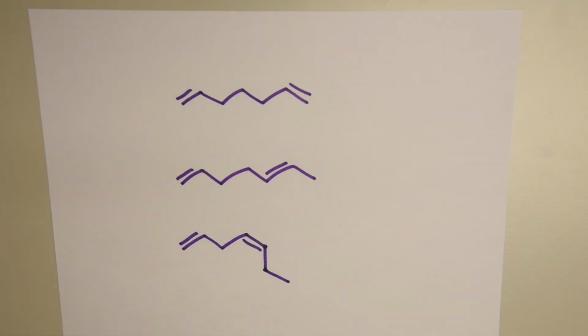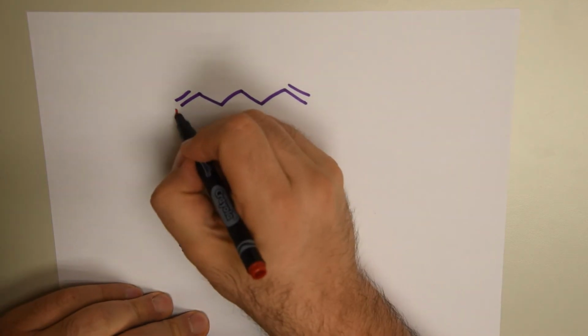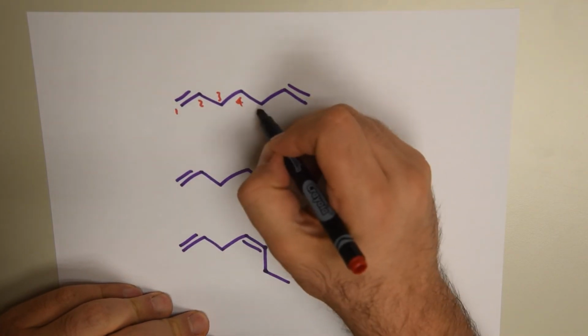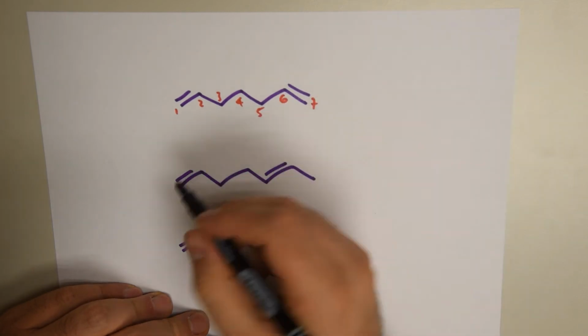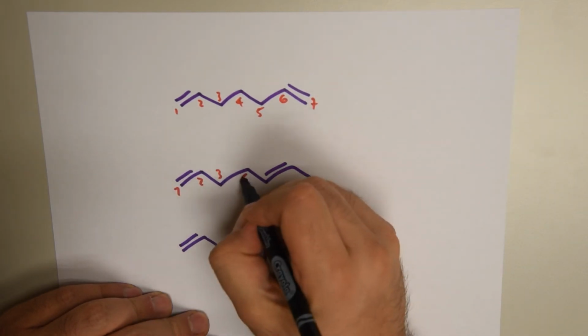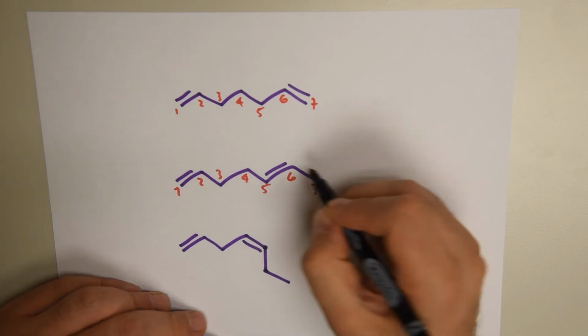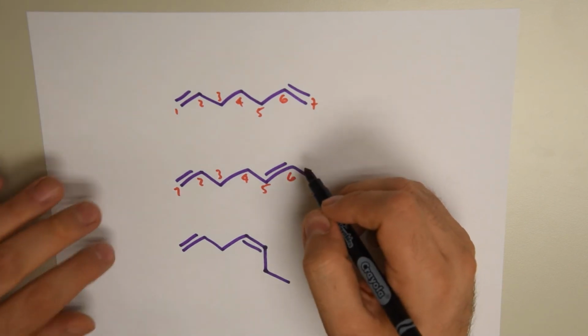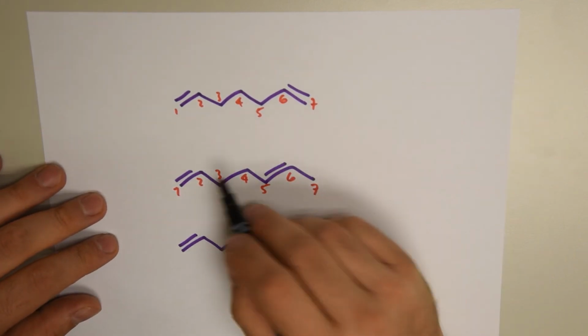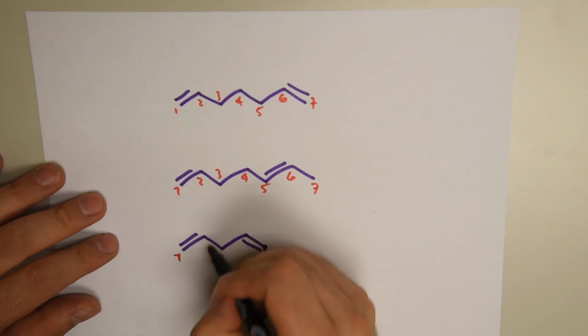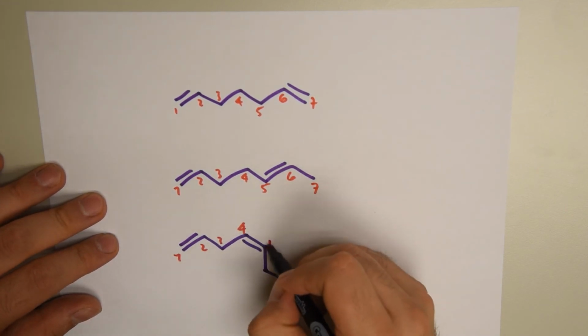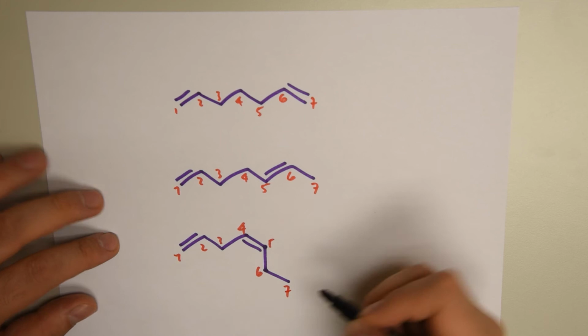Again, lowest numbers for our double bonds. So I'm going to number this chain 1, 2, 3, 4, 5, 6, 7. If I started on this side, I would get number 2 and number 7 and number 6, so it wouldn't work. And same for this, 1, 2, 3, 4, 5, 6, 7.